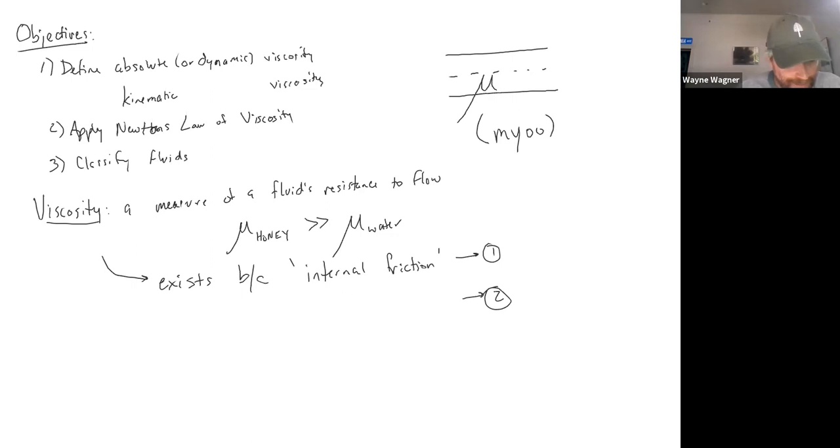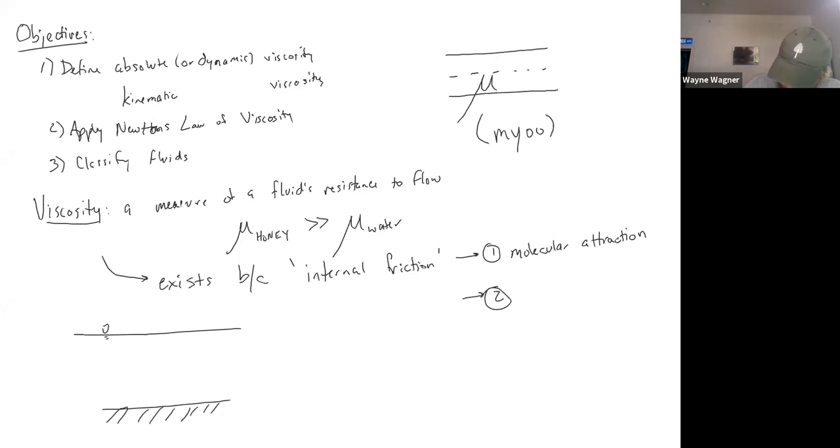The first is molecular attraction. I'll draw that picture right now. When a fluid is flowing, there's a shear on the fluid. Imagine a lake with a bed down here and some wind on the top.